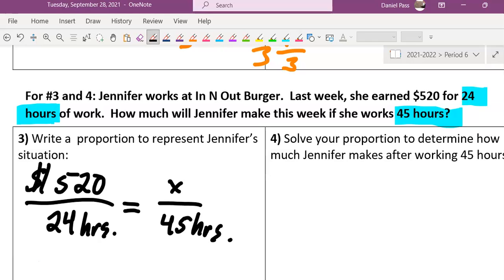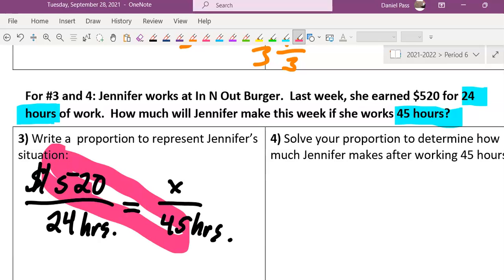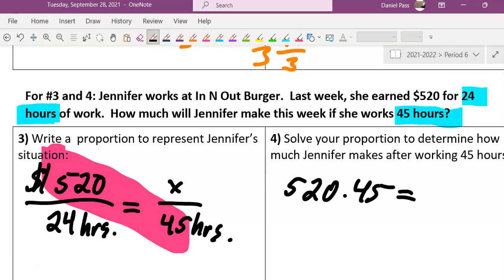Then we have to solve. So we can first cross multiply. And we would get 520 times 45. I know it's a little dark on our projector, but on YouTube it'll look good. So 520 times 45 equals 24 times x.